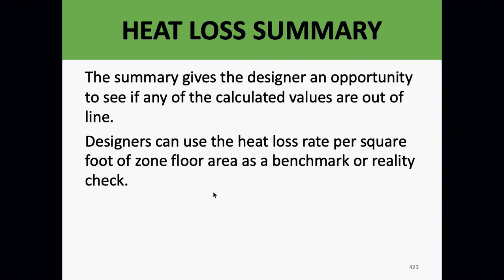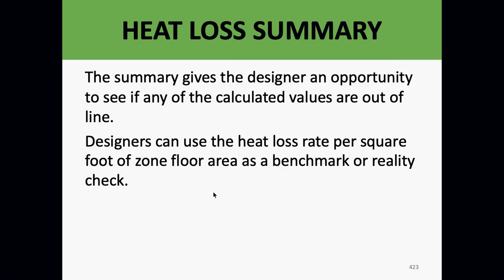Okay. Then you go to a heat loss summary. What we use the summary for, as I just said, is to check to see if anything is way out of line. When I've been looking at your spreadsheets, one of the things I do is capture some of your numbers, and I'm looking to see if anything is majorly out of line.